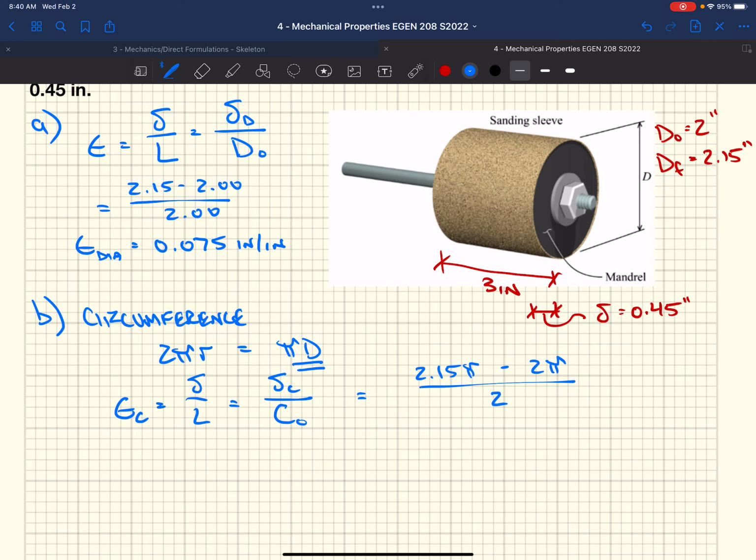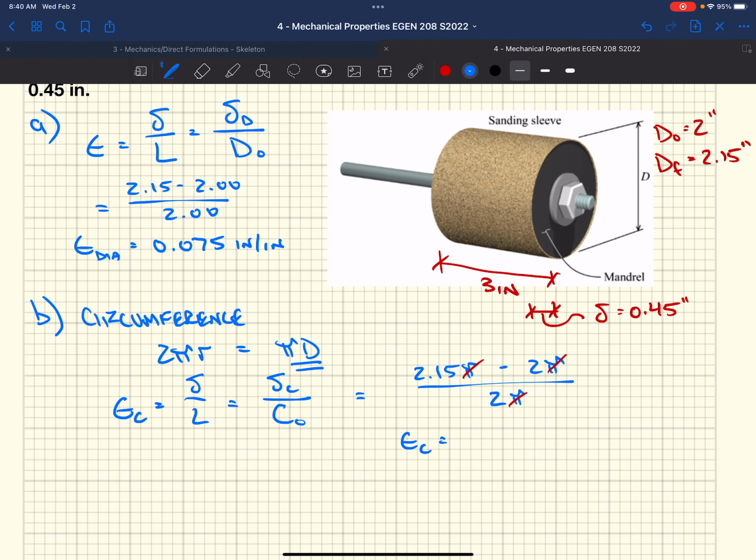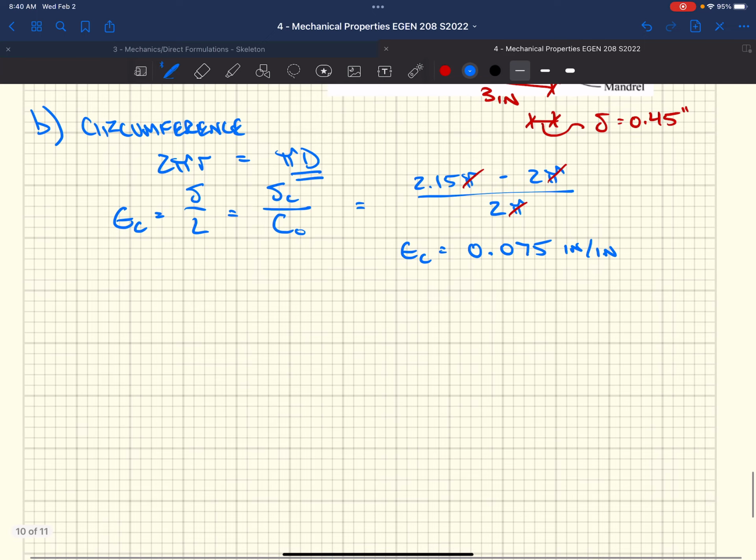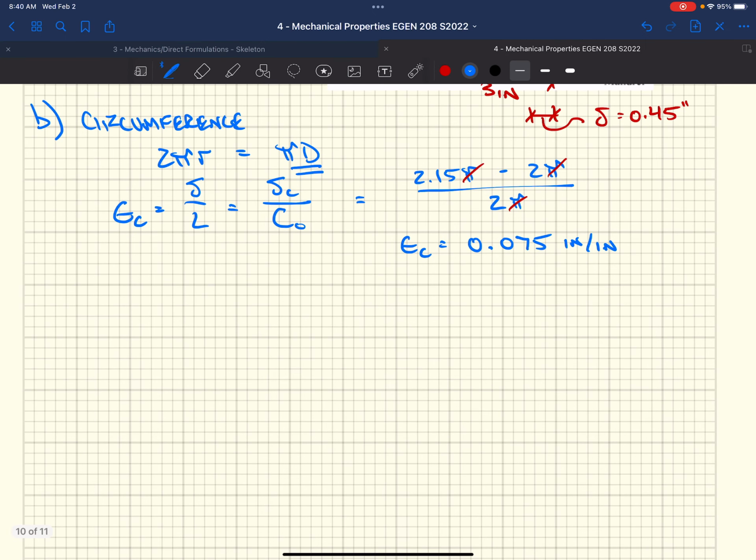We're going to divide it by 2 pi. All of our pi's cancel out. Get the exact same thing, because there's a constant scalar between diameter and circumference. The strain is the exact same thing.